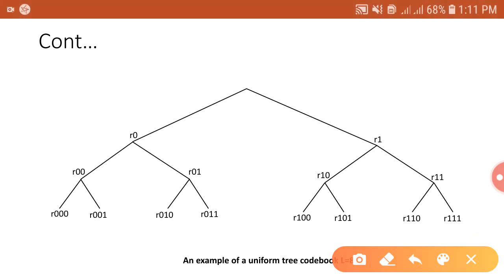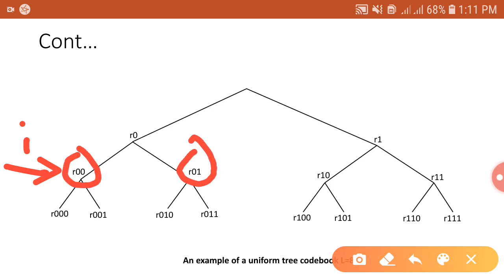So at each level I, consider this level as I, of the tree codebook, the distortion measure is computed for the code vectors R I0 and R I1. Consider this as R I0 and this as R I1. Here I is equal to 0, so R00 and R01.